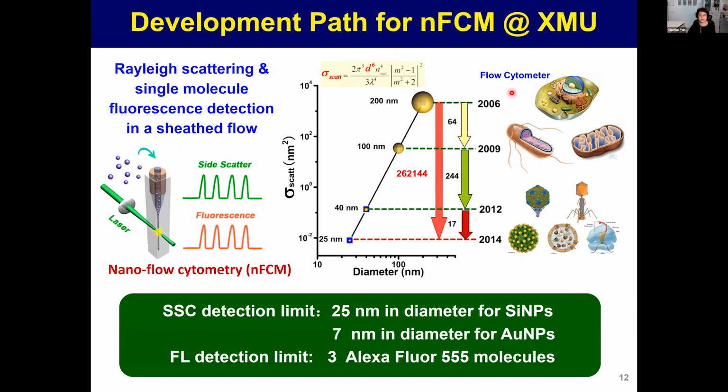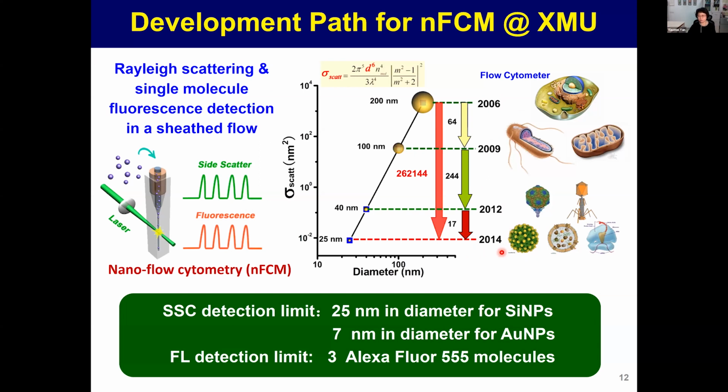So we at Xiamen University, during the past 14 years, have been working on the development of nano-flow cytometer by integrating Rayleigh scattering with the strategies for single molecule fluorescence detection in a sheath flow through 3 stages of technology enhancement.